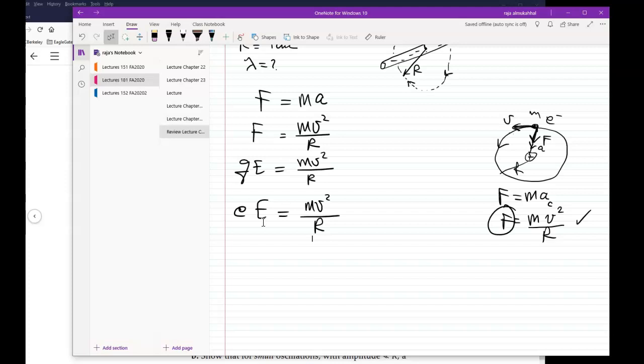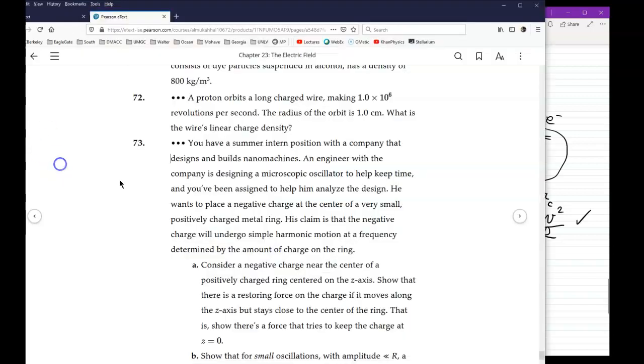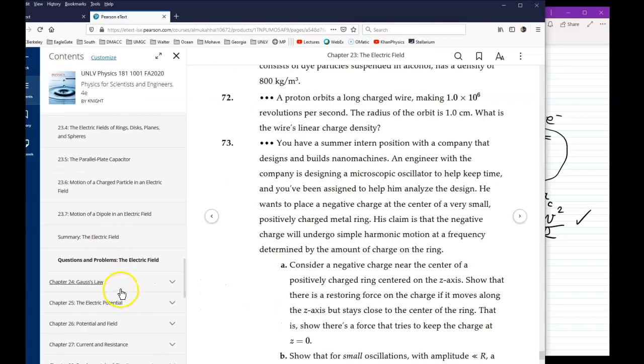It's equation 23-17, page 639. I'm going to show it to you. I already showed this equation to you in a previous video. So let me go to it again. Section 3.